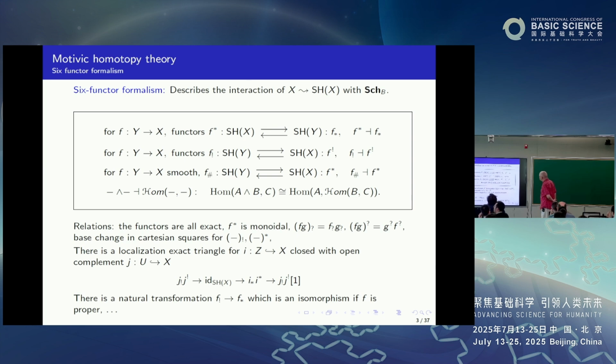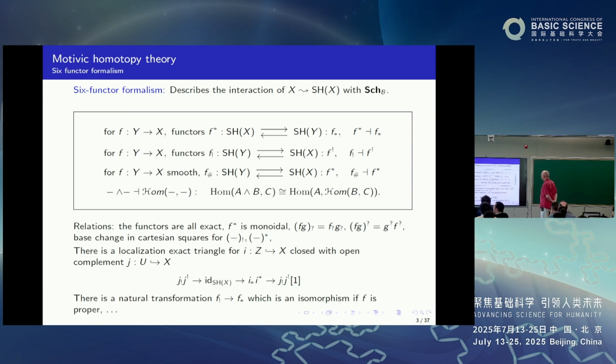Of course, for any morphism Y to X, you should have a pullback map, f upper star, just as you do for sheaves. And that's a left adjoint to f lower star. I'm sure that's familiar to you. And then you also have these exceptional functors, where the adjunction goes in the opposite direction. The f lower shriek is left adjoint to the f upper shriek, the contravariant one.